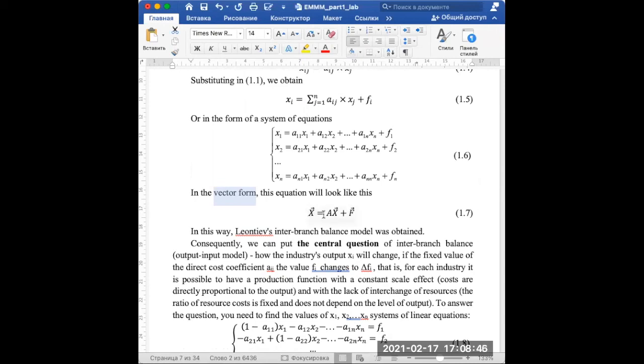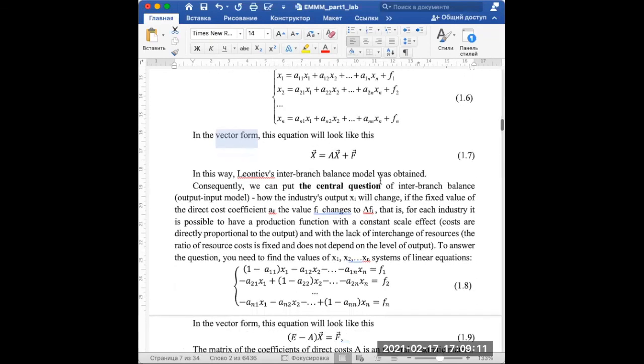So x is equal to the interbranch activities, like the product of our direct cost coefficients and the outputs of each industry, plus final demand. If you understand all these moments, we can go to the central question of this input-output model.